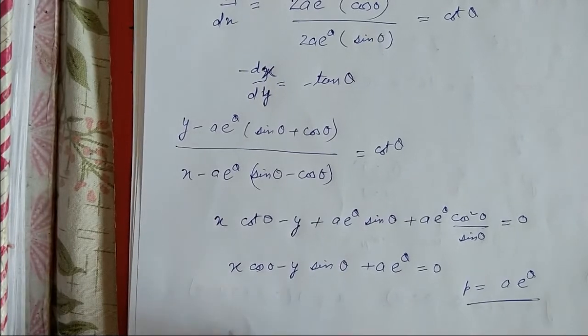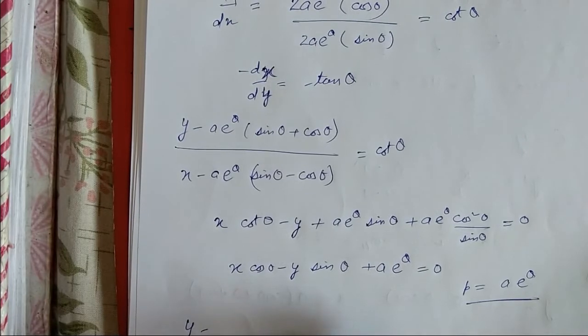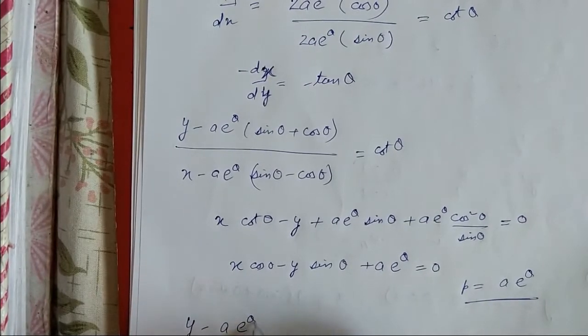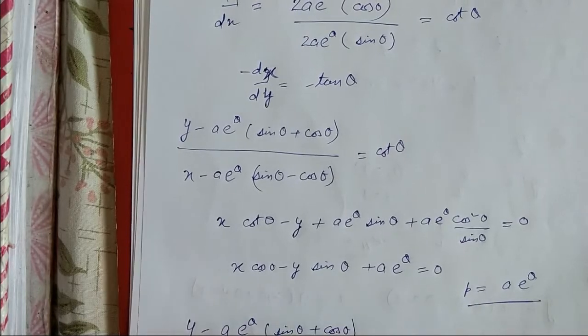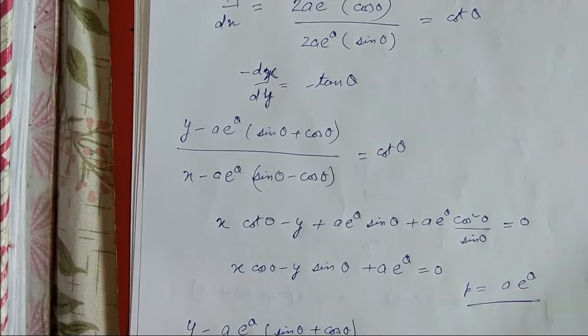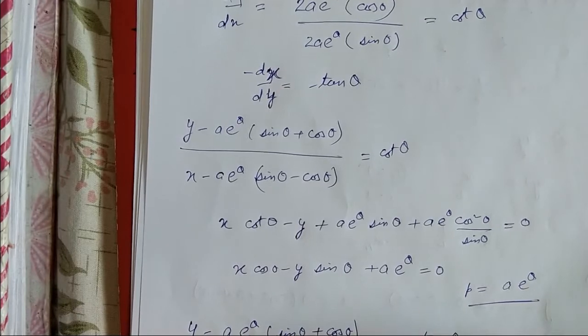Now writing equation of normal, we get y minus a e power theta (sin theta plus cos theta) upon x minus a e power theta (sin theta minus cos theta) is equal to minus tan theta. This is the equation of the normal.